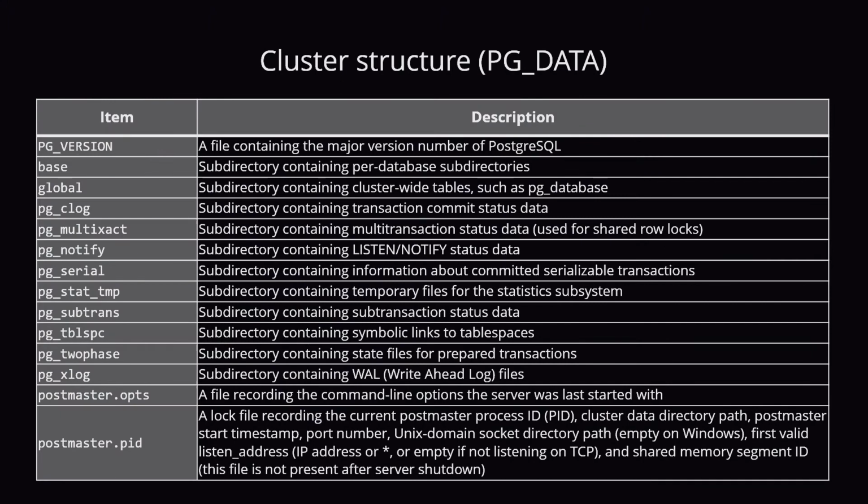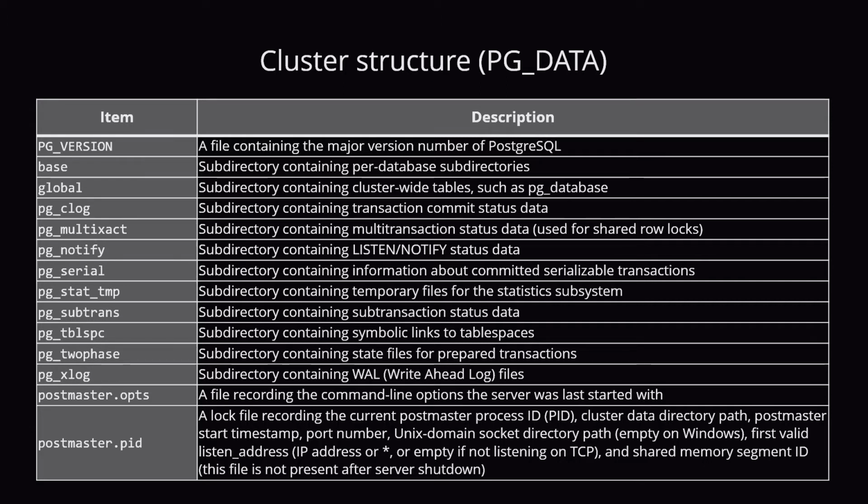Generally, in pgdata, there are lots of folders and files. First thing you will see is a file named PG_VERSION. This file contains the version of Postgres which created this cluster.